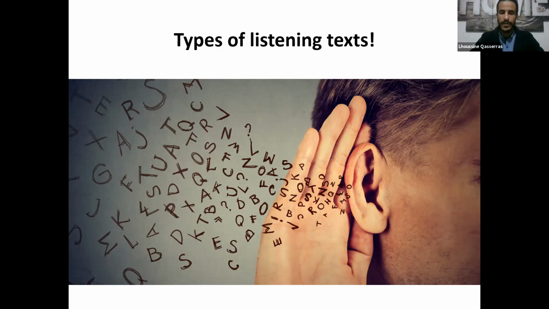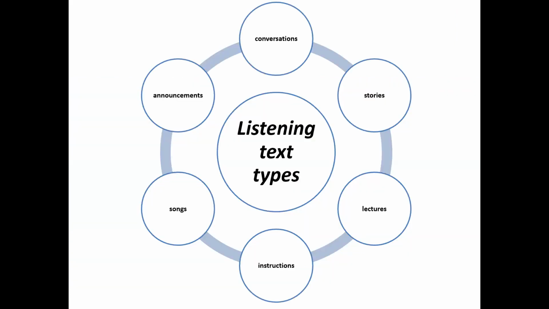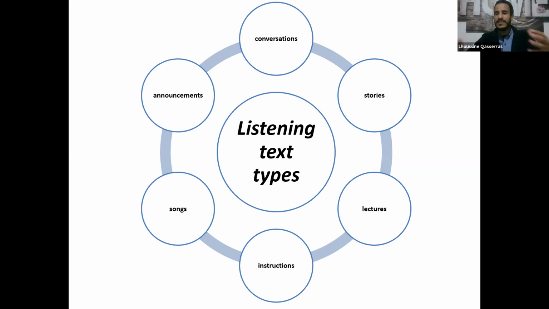Okay, great. So let's see here. These are the types. Number one, conversations. Number two, as Muhammad Bizri said, stories. We love listening to stories because stories inspire us. Lectures, instructions. Where can I go? Give me some directions. Go this way, on the right, on the left, or instructions on how to use a certain application, or songs and announcements.